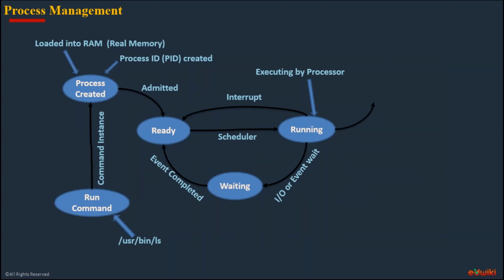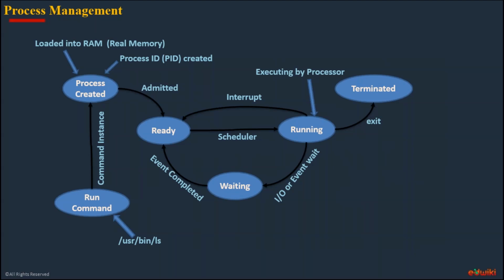Now, when the process is completed, in the sense that for whatever purpose you executed a command, if you are able to get that output, then the process is completed, right? Once the process is completed, it will exit. That is called process termination. Good.